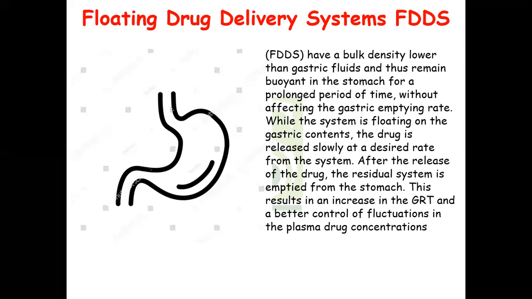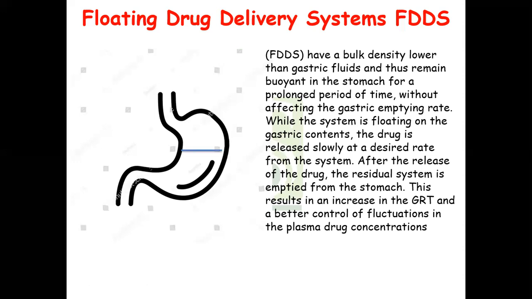So the system, as it is floating on the gastric content, will be unaffected by the emptying rate, and it will continue to release the drug slowly at a desired rate from the system. After the release of the drug, the residual system is emptied from the stomach, and this overall results in an increase in the gastric retention time and a better control of fluctuation in the plasma drug concentration.